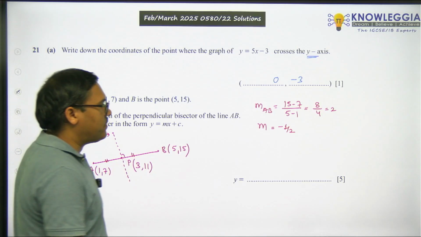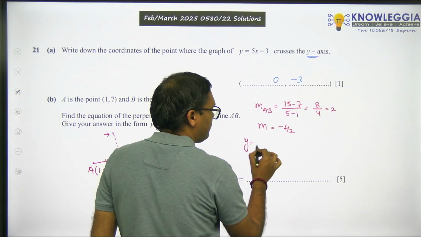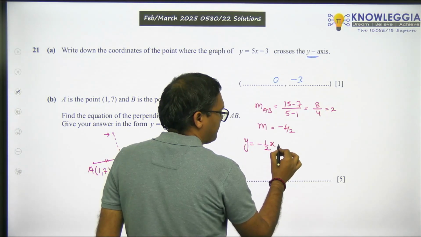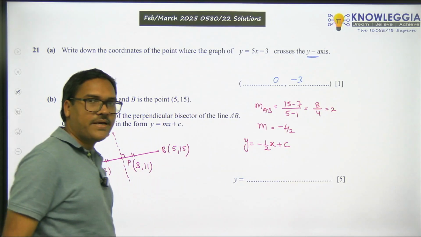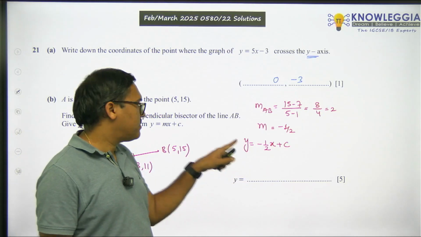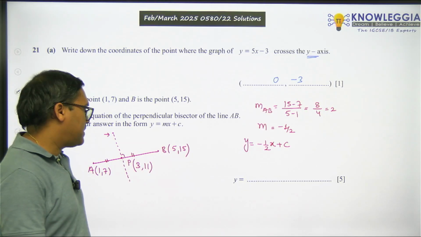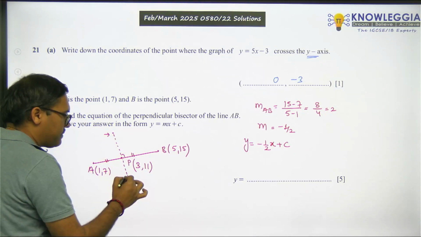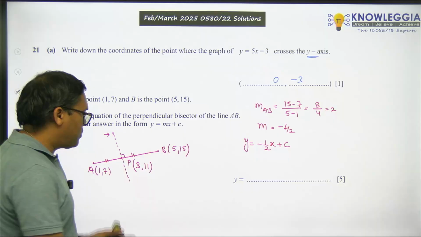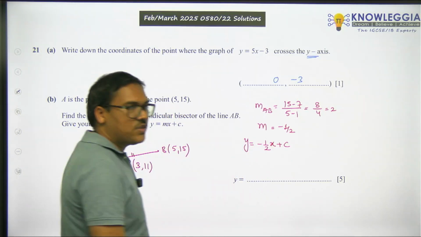So what is the equation of this? This is y equal to mx plus c. Correct? So minus half, because this is the gradient. Now how will you get the value of c? For c, you know that this line is passing through 3 comma 11. So 3 comma 11 will satisfy this equation also.